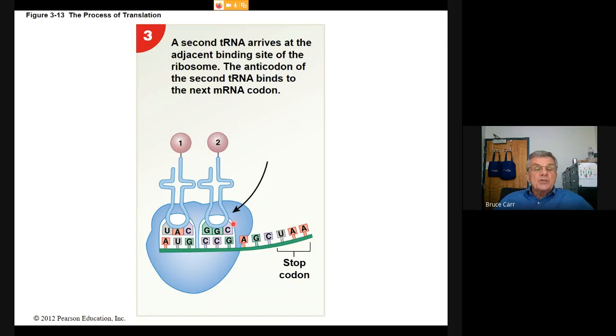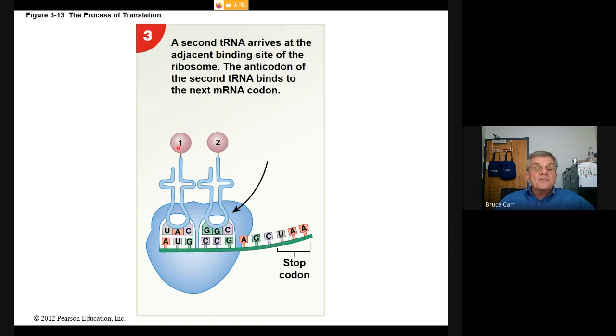But that leaves this second bubble or binding site, and it has CCG. Here comes the GGC tRNA carrying amino acid number 2. If this is GGC, when we're loading this tRNA, we will always put the same amino acid here. So the first step that you can see is to bind both of these sites.